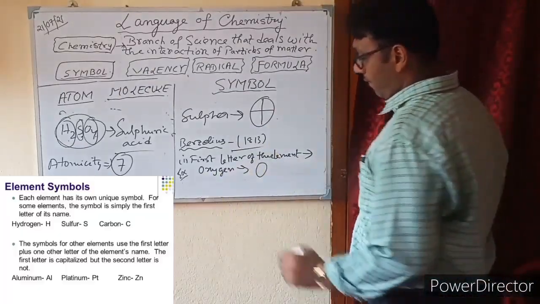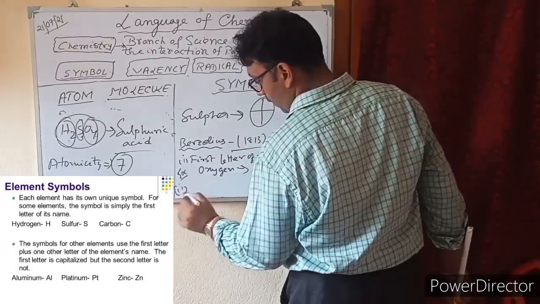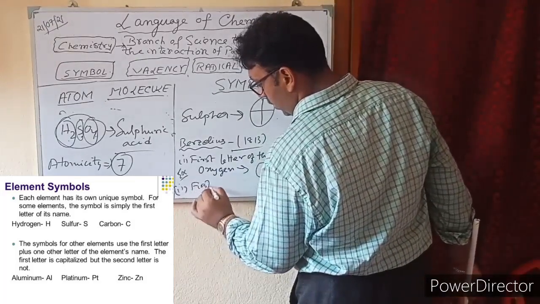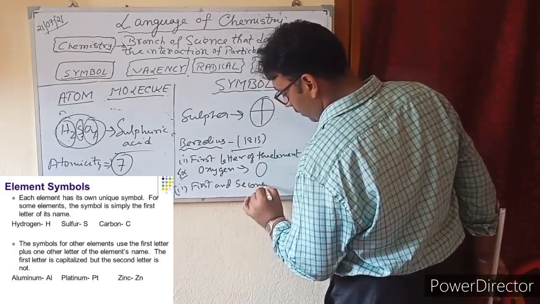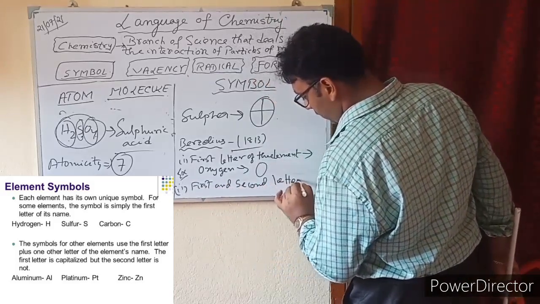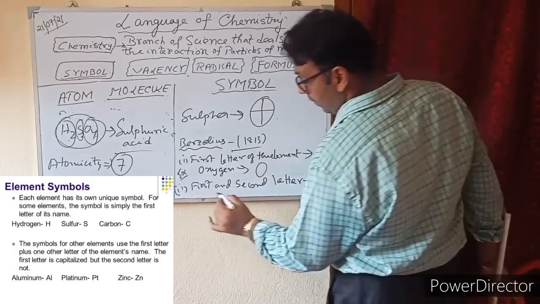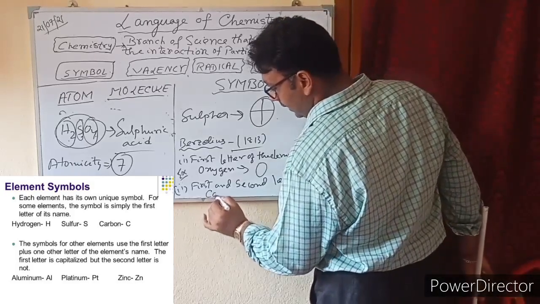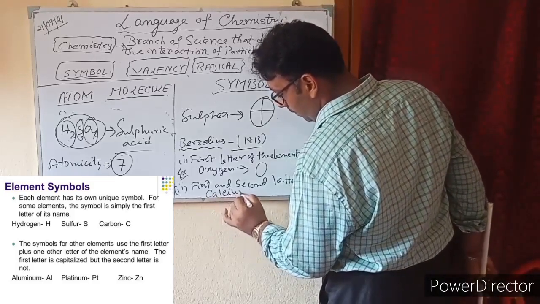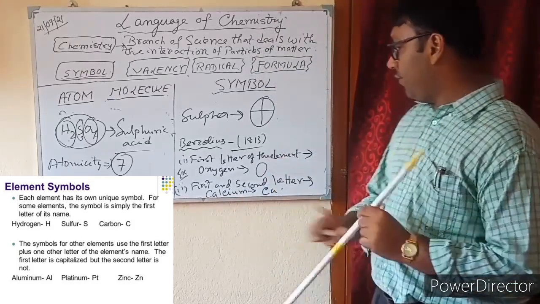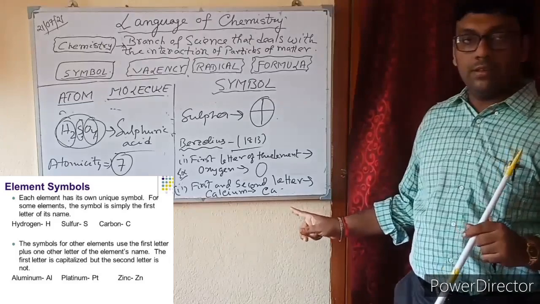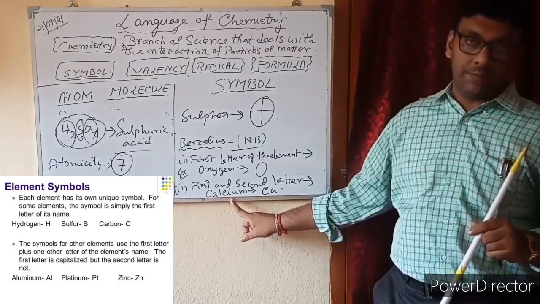Number 2, first and second letter. Example, calcium, Ca. First and second letter, Ca. This is one example.